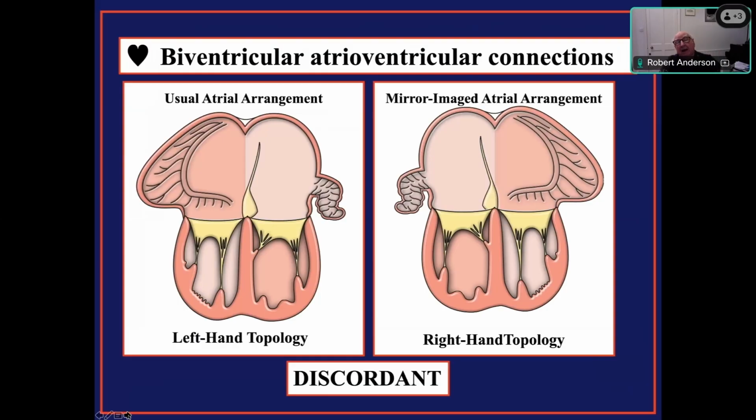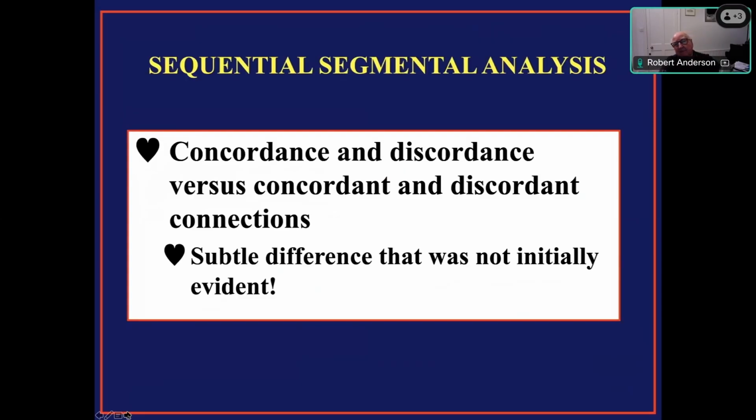Now, it is here where, when we first described sequential segmental analysis, we made a big mistake. Because at that time, we did not talk about concordant and discordant atrioventricular connections. We used the words concordance and discordance.